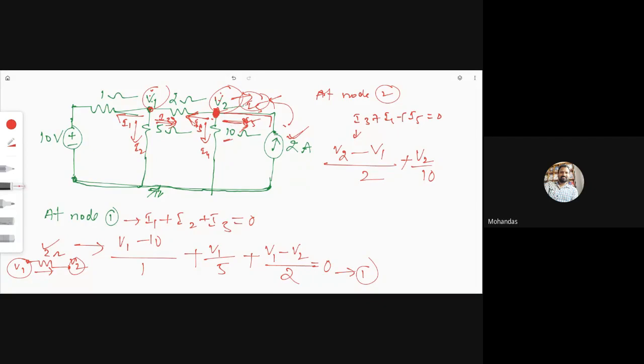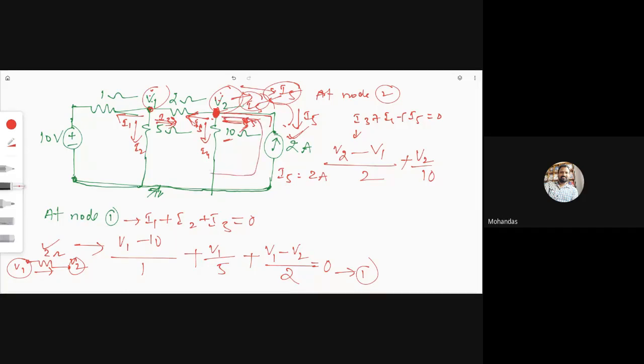We assumed that this current I5 is in this direction. How is the direction available? We imagined I5 downward. Now we can say I5 is the same as 2 amperes.